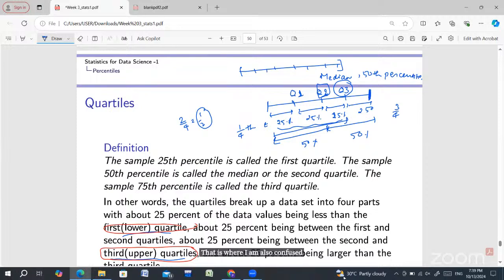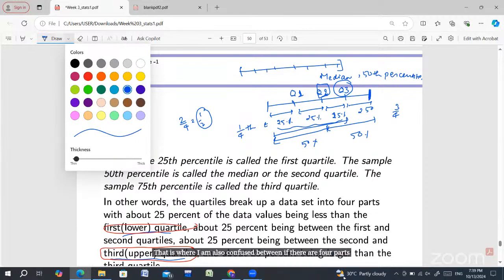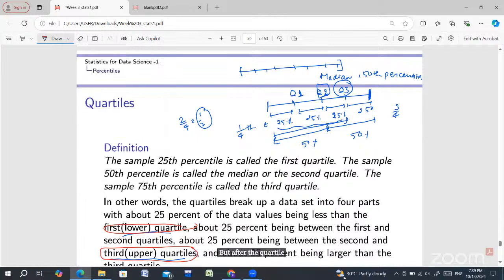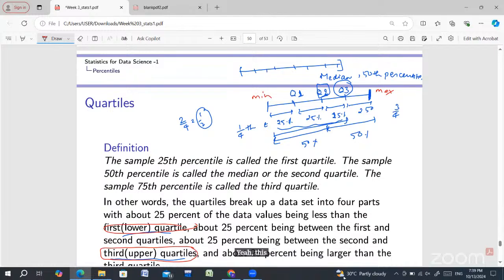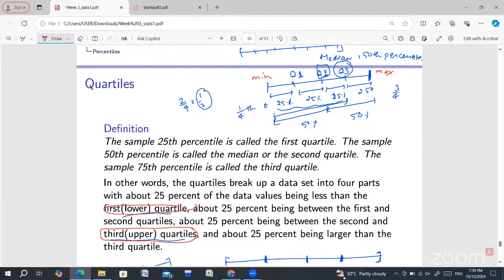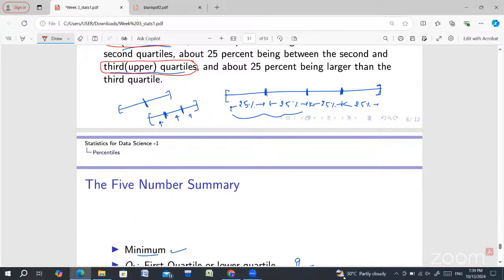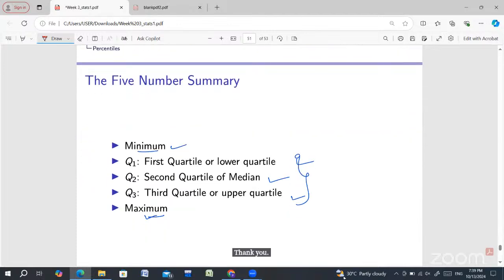Ma'am, if there are four parts, then after 75 the quartile, you have shown the minimum and the maximum. In between, this is your first quartile, this is the median, and this is the third quartile. Then the maximum. So only three parts are divided now. Yeah, ma'am, five numbers only.